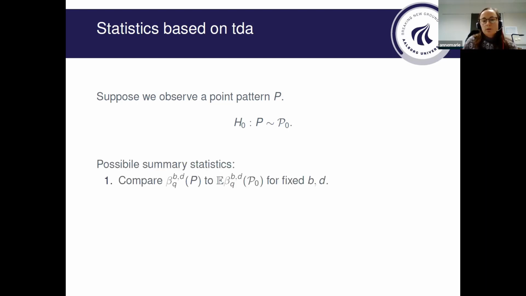What you typically do in statistics is you compute a summary statistic, some number that you can compute from your observed point pattern. And one simple idea could be to use one of these Betti numbers, computed from your point pattern, and then compare it to the expected value under your null model for a fixed choice of B, D.